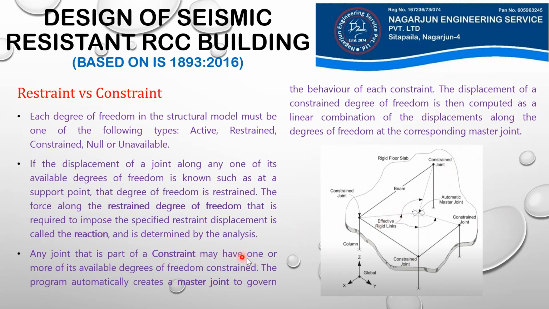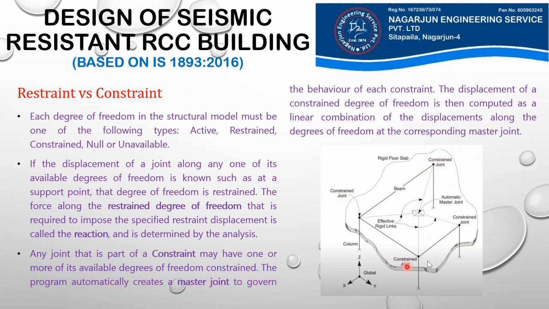Any joint that is part of a constraint may have one or more of its available degrees of freedom constrained. We have constrained the translation degrees of freedom of all these 4 joints. We may also constrain other degrees of freedom, but in this case, we have constrained the translation degrees of freedom. The program automatically creates a master joint.